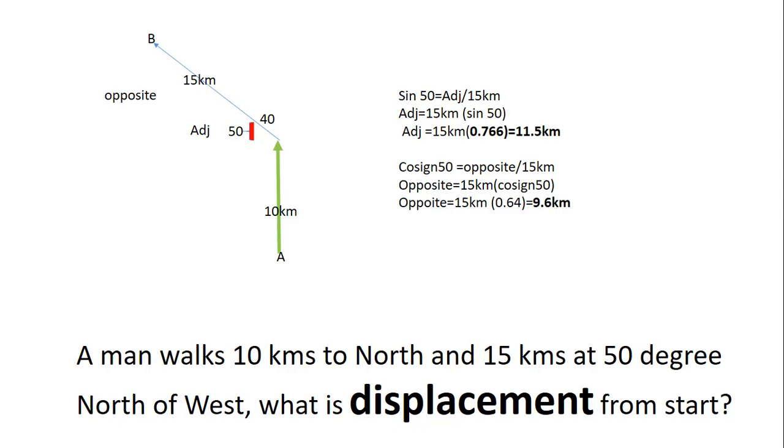Here, this angle, which is north of west. First he moved 10 kilometers north and then he moved 15 kilometers at an angle of 50-degree north of west.